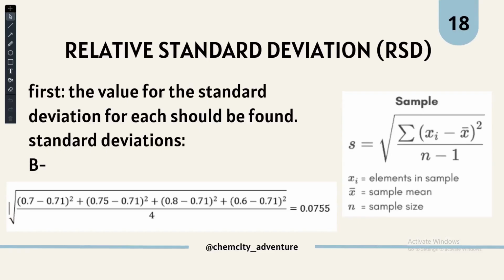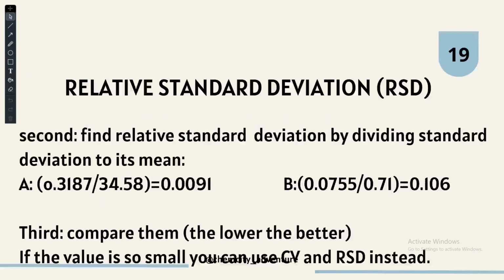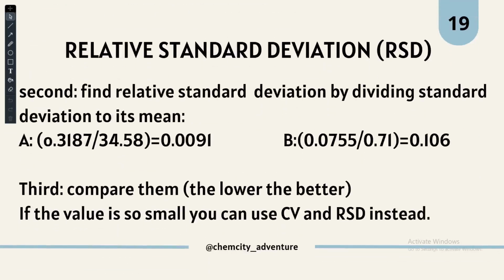Here again, we shouldn't divide by 4, but by 4 minus 1, actually 3, because we are using the sample form. Why? Because the number of our values is lower than 20. Now we should compare them. So the first one is 9.